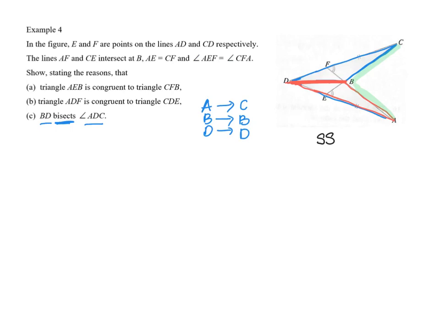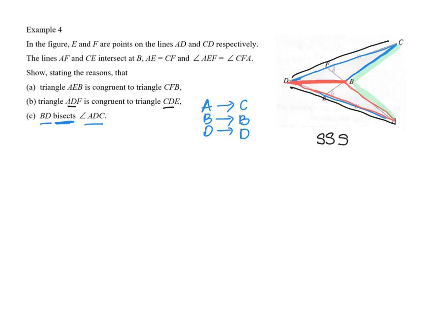I know that AD itself is equal to CD over here. So I can have another third side. So in this case, I'm going to use the SSS property.